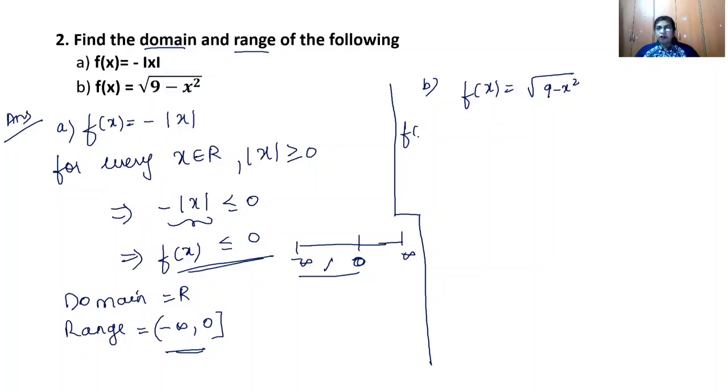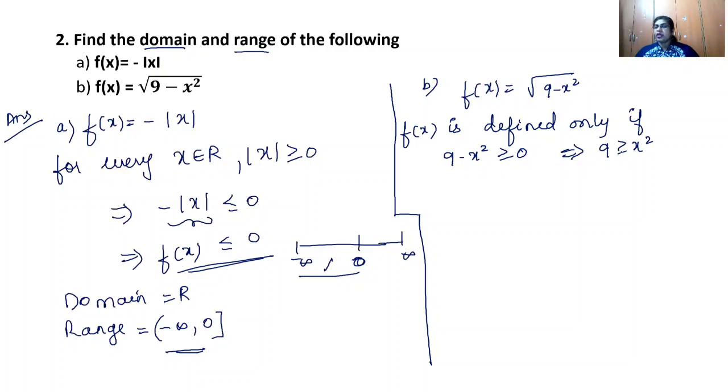So f of x is defined only if 9 minus x square is greater than or equal to 0. What does this imply? 9 is greater than or equal to x square if I add x square on both sides, which is nothing but x square less than or equal to 9, or I can say x is greater than or equal to minus 3 and less than or equal to 3. So this becomes the domain of f of x, the closed interval minus 3 to plus 3.